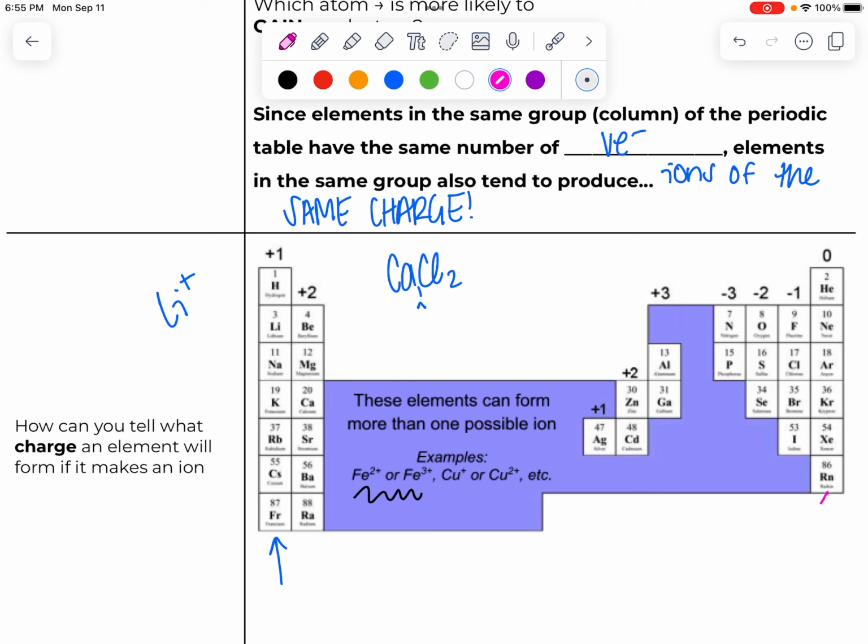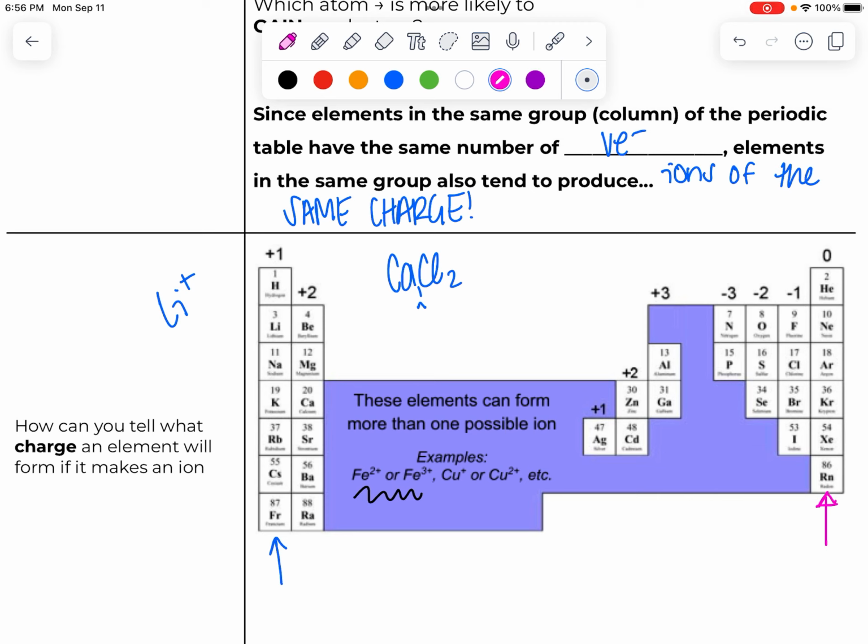Notice the last thing that's important here, this group right here, are the noble gases. Notice that it says a 0 above them. Why would these things not form ions? The whole point of becoming an ion is to become more stable, to fulfill that octet rule. So why would these things not ionize?